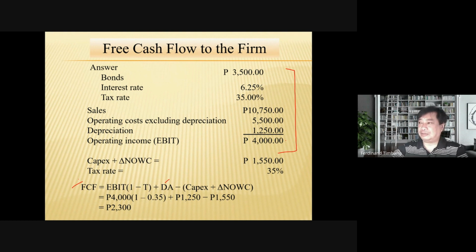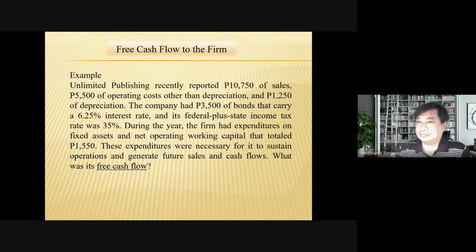So for the EBIT, ito na yung computation natin, no? We have sales, we have operating costs, excluding depreciation and then depreciation, so we have 4,000. And then we have the 1 minus T, the 35% is the tax rate. Then plus 1,250, na sinabi rin sa atin yung CAPEX dito.